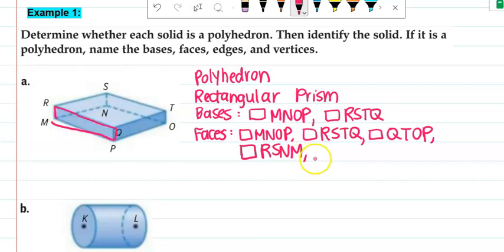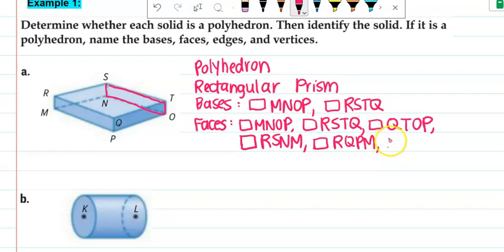Again, pick a letter, rotate around. R, Q, P, M. And then this back one, we can call that S-T-O-N. Okay, so those are the polygons that get put together to create our three-dimensional shape.